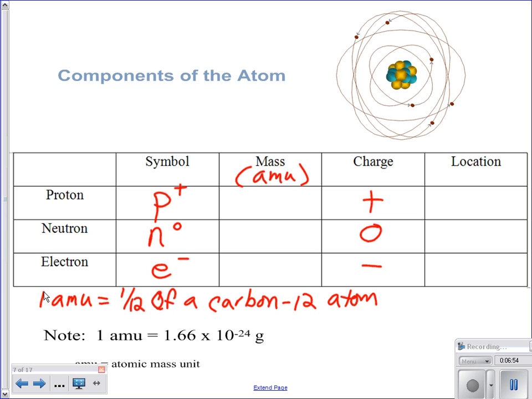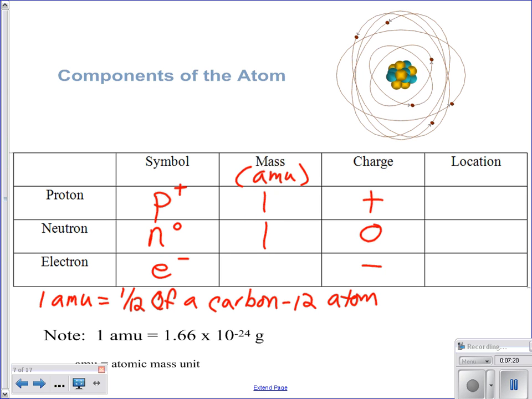So I know you guys have learned this at some point. How many AMU does a proton have? Just one. So the proton is 1 atomic mass unit. Happens to be the same as a neutron, which is 1. And then thinking about the electron, is it heavier or is it lighter? Lighter.